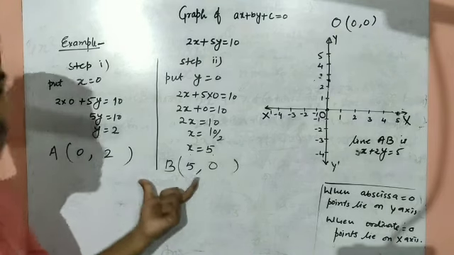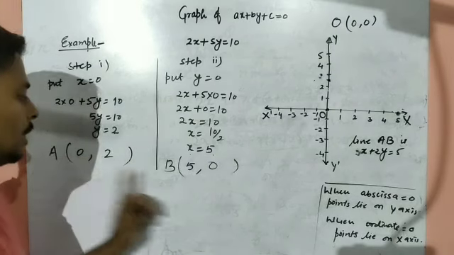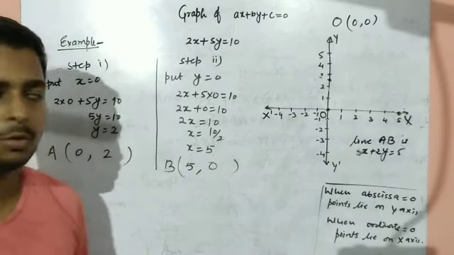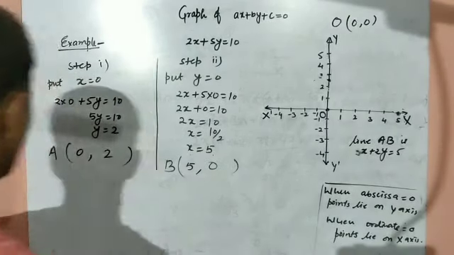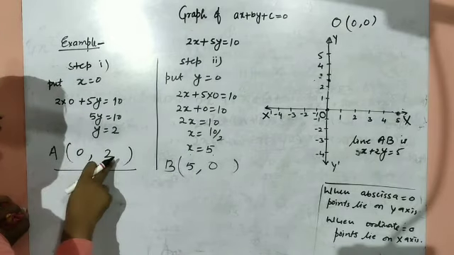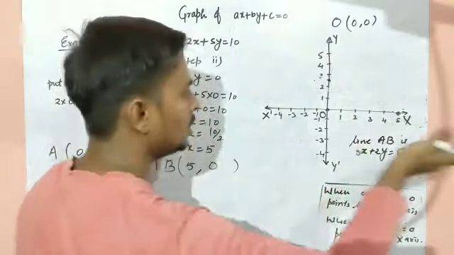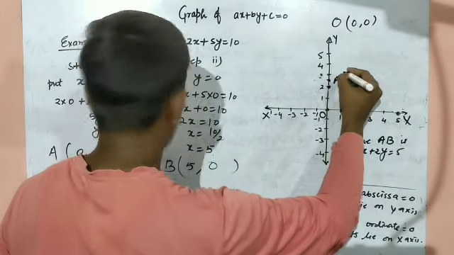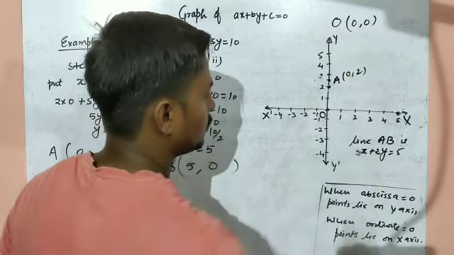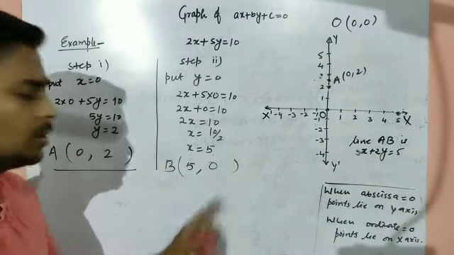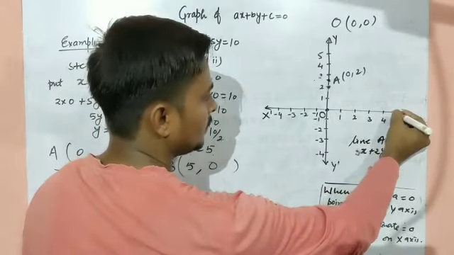So the 2 points we have got, A and B: the coordinate of A is 0, 2 and B is 5, 0. The easy thing you will do: here the first point is x 0, y 2, no movement in x, y is 2 means 2 is here, so this is point A, 0 comma 2. And this is point B, 5 comma 0, which means there is no movement in y, x is 5, where is 5, here.